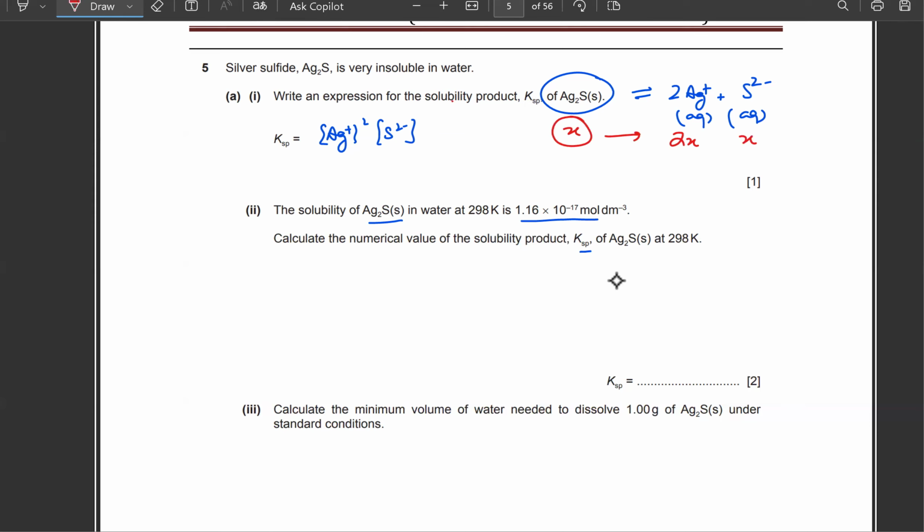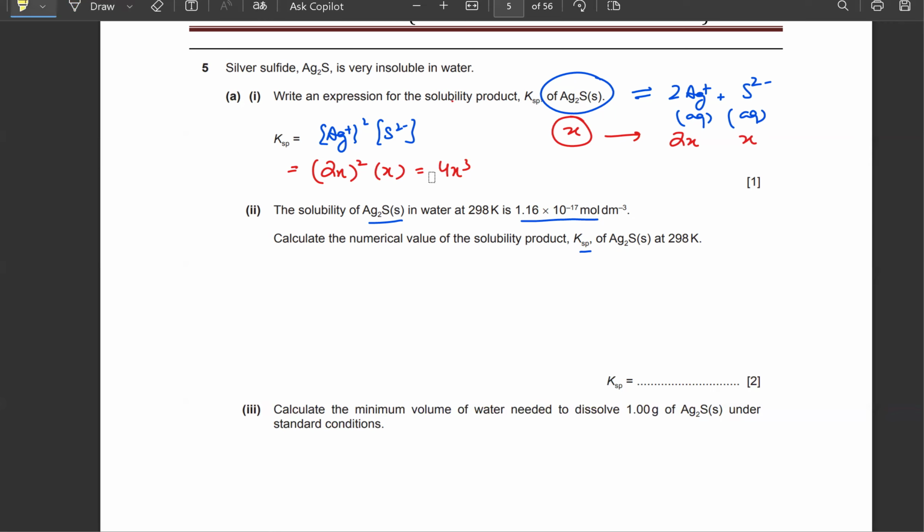So your KSP expression would become 2x squared times concentration x, and that is equal to 4x cubed. Is that clear?